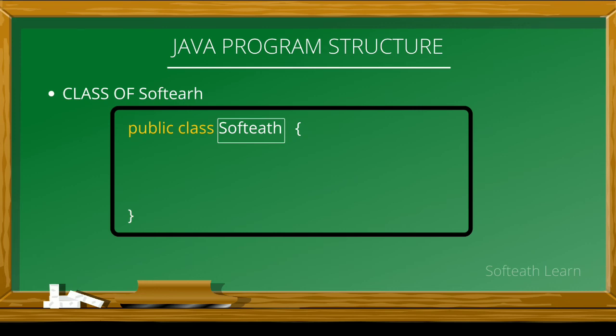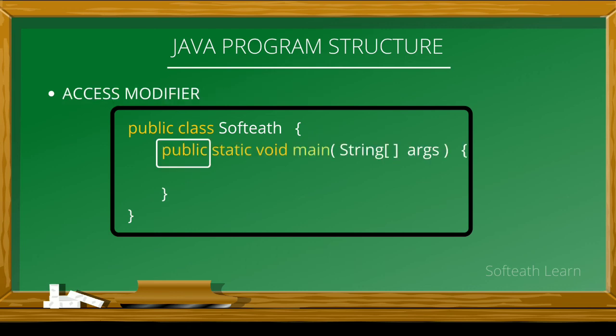So the code of this class will be written between the braces, and we can see the name of the class written in Pascal case convention. Now, as I said before, each Java program contains a main method, so we will write the main method inside this class. It looks like this.